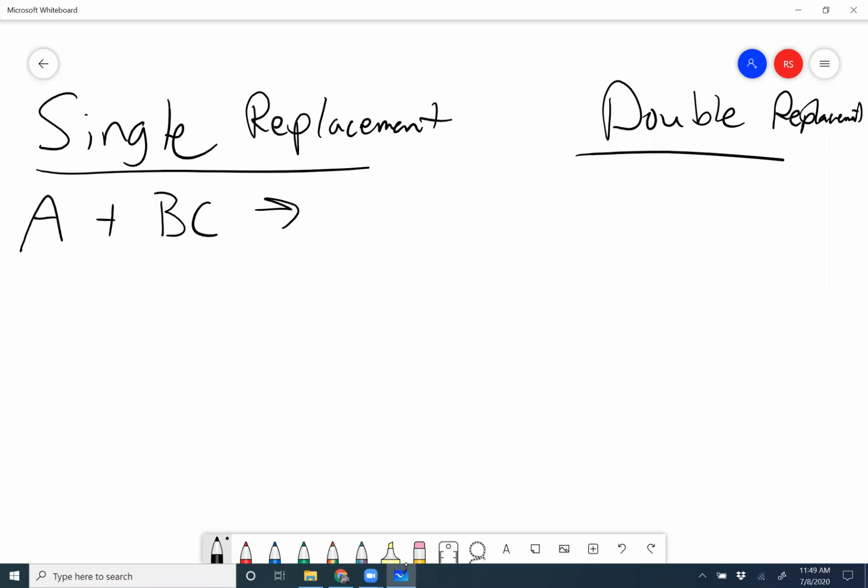So in the case of what we call cation replacement, say A is normally a cation, it's going to want to hang out with C, so we'll get AC, and then B will be turned back into an element.